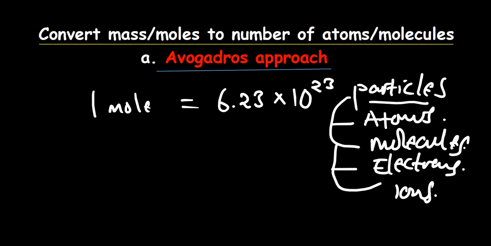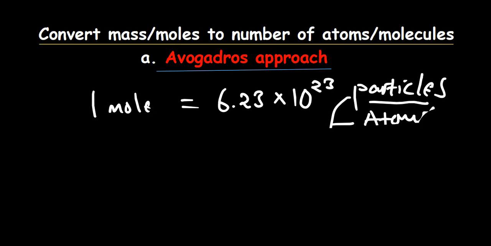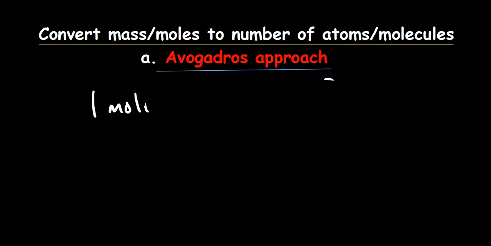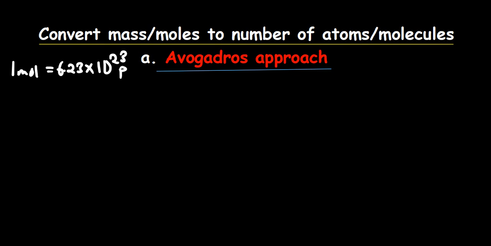Now let's solve an example. I'm going to erase this part here, then I'm going to write that ratio somewhere here. As we said, 1 mole of anything contains 6.23 multiplied by 10 to the power 23 particles. These particles can be molecules, atoms, electrons, or ions.